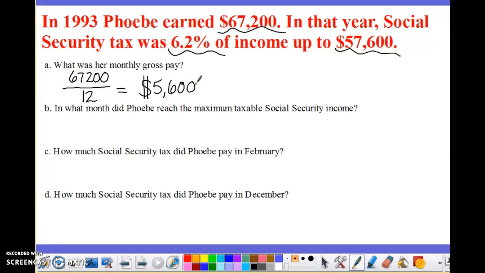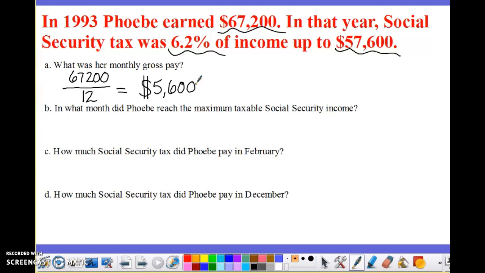The next question says, in which month did Phoebe reach the maximum taxable Social Security income? Clearly she goes over the maximum taxable income, since the maximum is only $57,600. Let's say she's paid monthly.